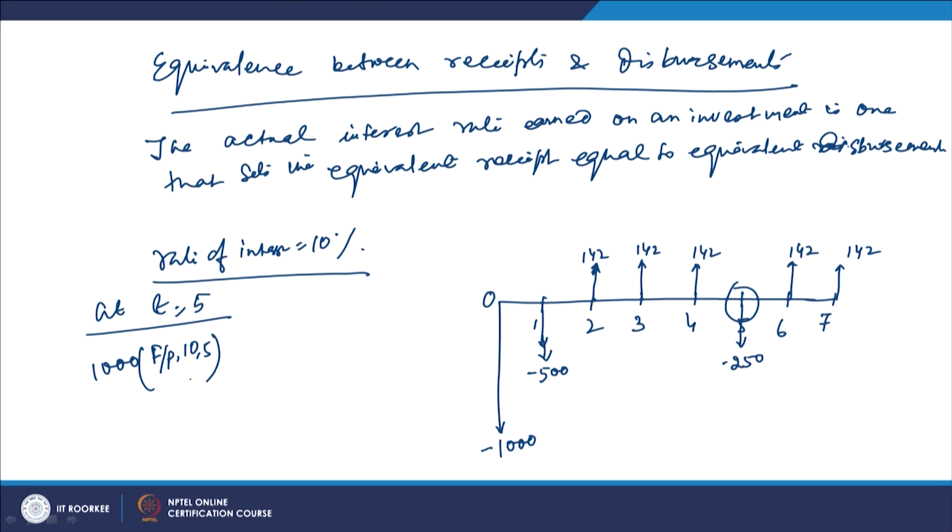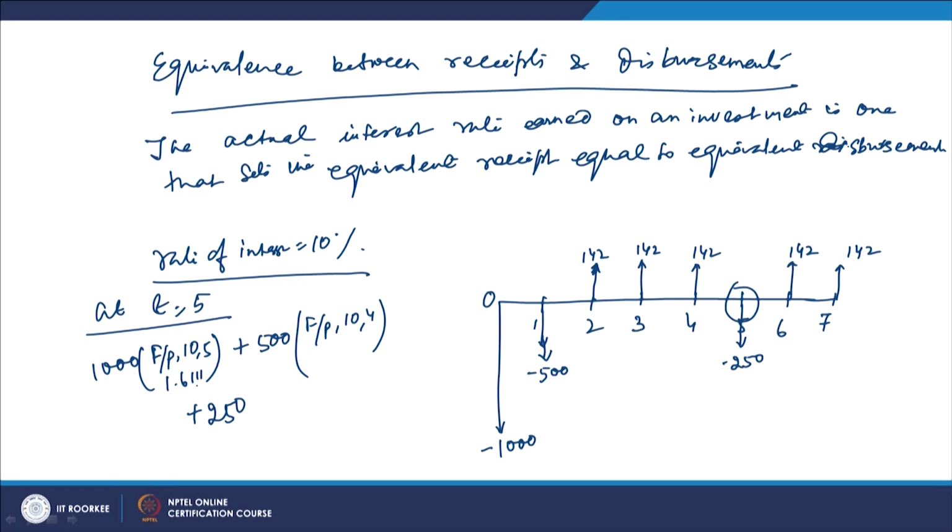Then similarly you will have 500. So 500 again multiplied by, so this is 4, you have 1 2 3 4 interest periods, so it will be again F by P 10 4, and then you have 250. So that is taken as the equivalent value of all the disbursements.